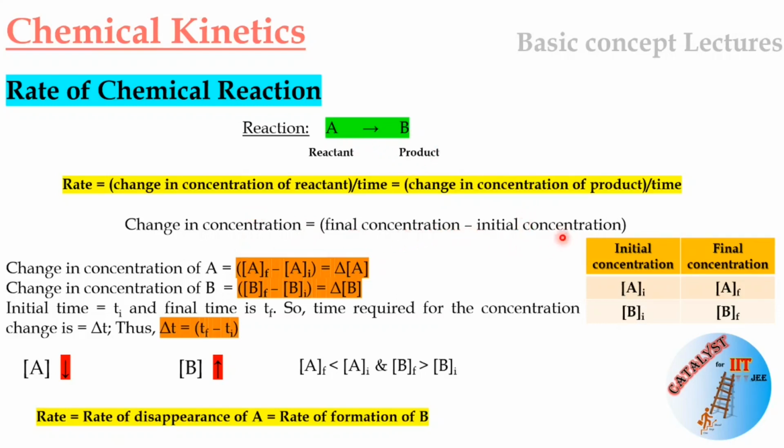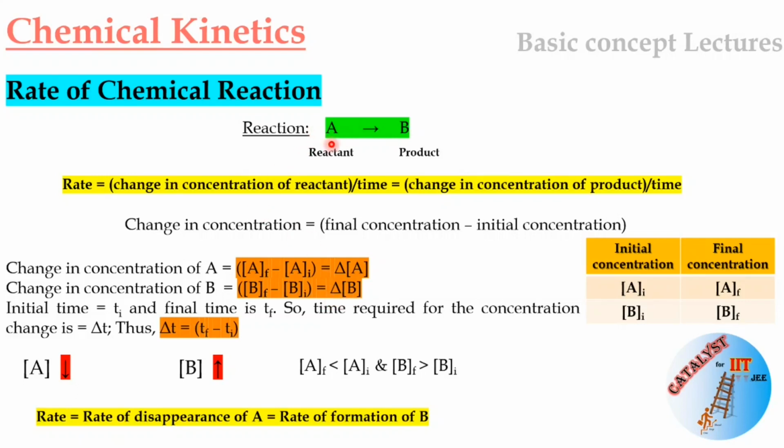For this reaction, if the initial concentration of the reactant is AI, where I stands for initial, and the final concentration is AF, where F stands for final, and the product concentration initially was BI and the final concentration of B is BF, then the change in concentration of A is AF minus AI, which is denoted by del A, and the change in concentration of B is similarly denoted as del B.